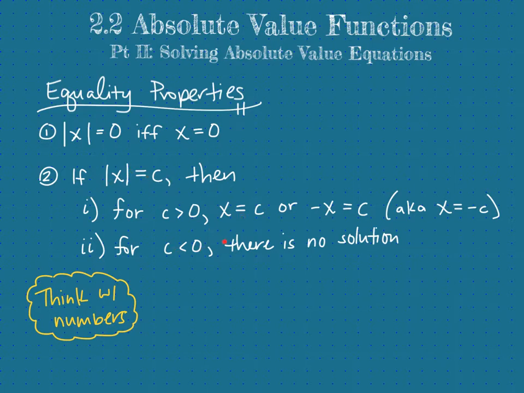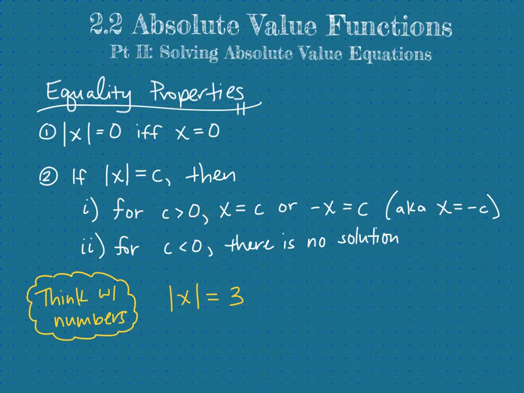Let's explore this down here with some real life numbers. Let's say that we have the absolute value of x equals some value c, and I'll make that c value 3. So we have this scenario here. Which one do we have, 1 or 2? Well, we have this one because 3 is greater than 0.